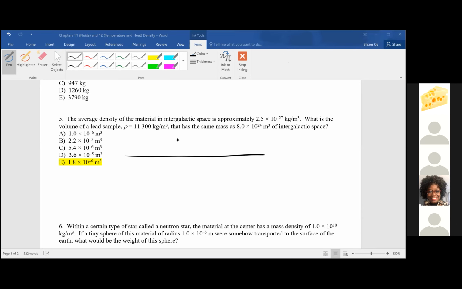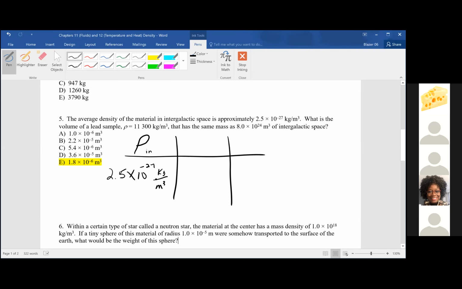So let's see. The average density of the material in the intergalactic space is approximately. So this is the density for the intergalactic, whatever that is. And it is 2.5 times 10 to the minus 27 kilograms per cubic meter.